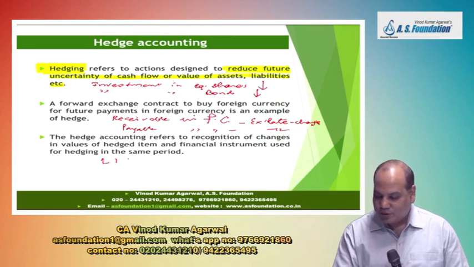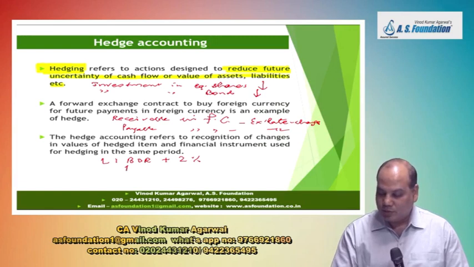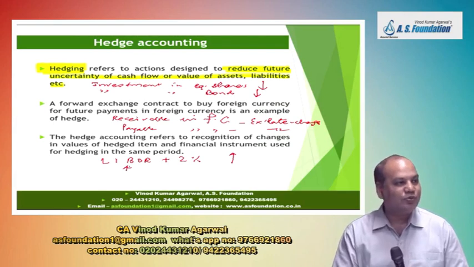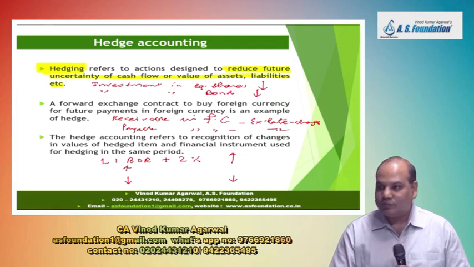You have issued a floating rate bond which pays interest at LIBOR plus 2%. What is the risk? This LIBOR rate will go up, so you have to pay more interest. And if you are an investor in this LIBOR plus 2% bond, if the LIBOR rate falls, you will receive less interest.